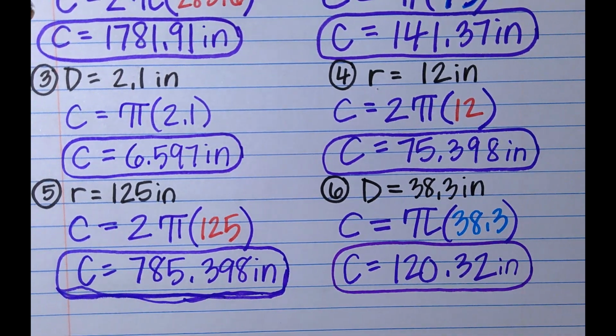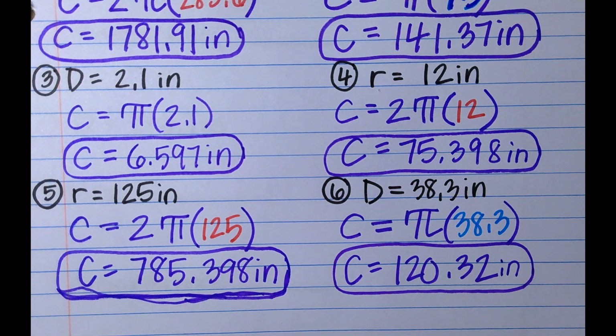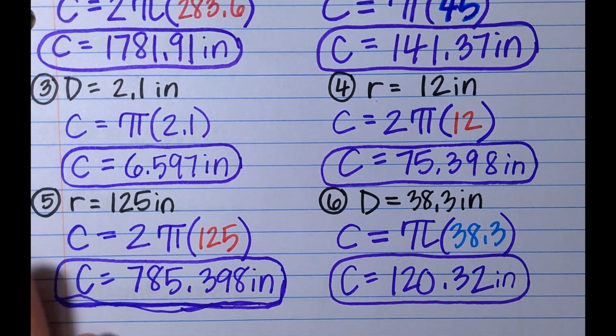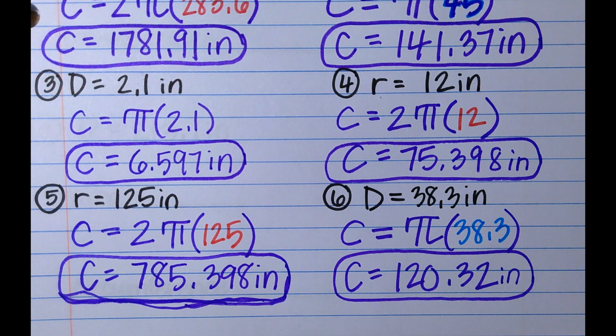Okay, so there's the answers to those problems. Before I show the exit ticket on this video, does anybody have questions about any of these? How do we feel? We feel okay? All right. So I have passed out your exit ticket.